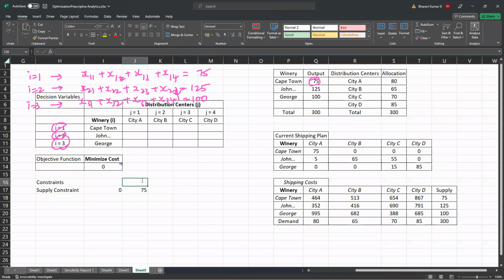Okay. Total supply, supplied and total supply possible.